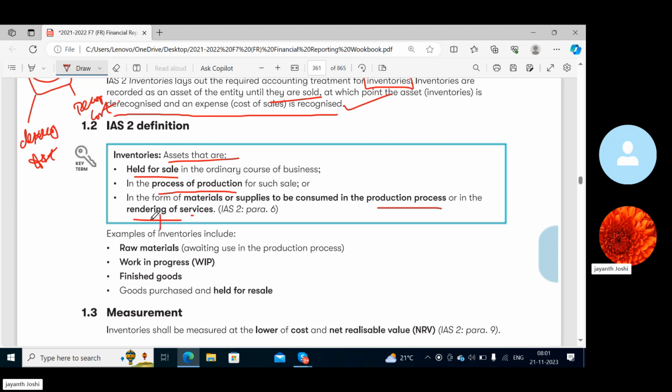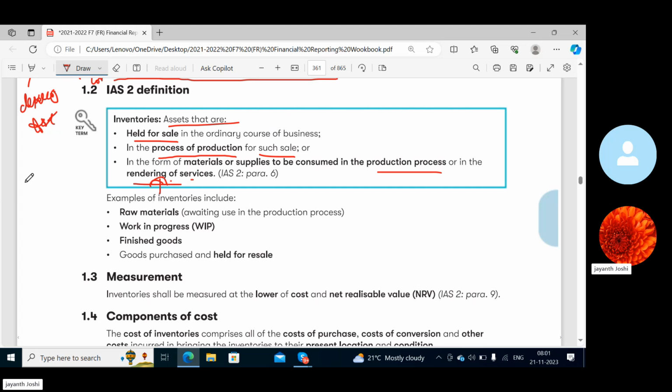That means you will be using it for giving some service as well to someone. So there are some examples of raw material, and in the process of production for such sale, that means definitely raw material will be utilized, right? And in the production process, and that will be again sold in the market.